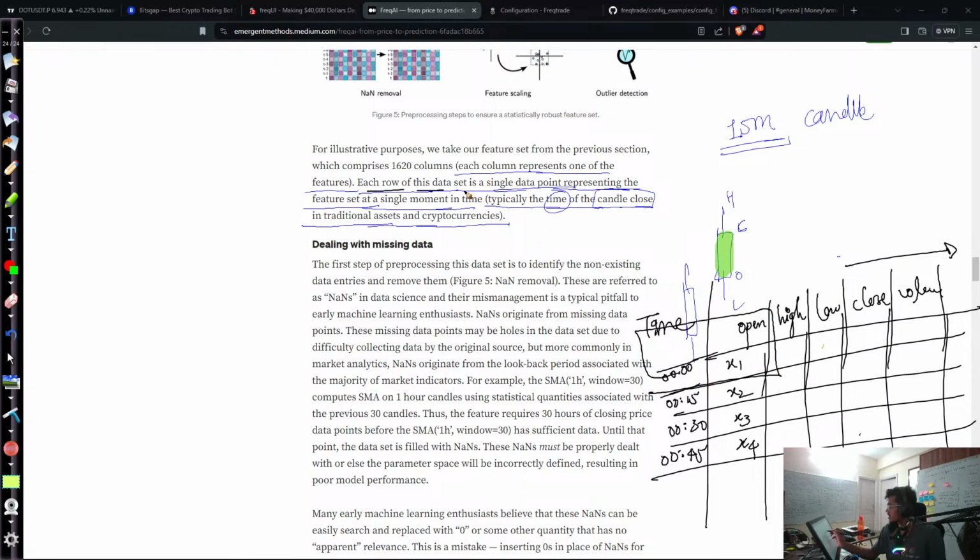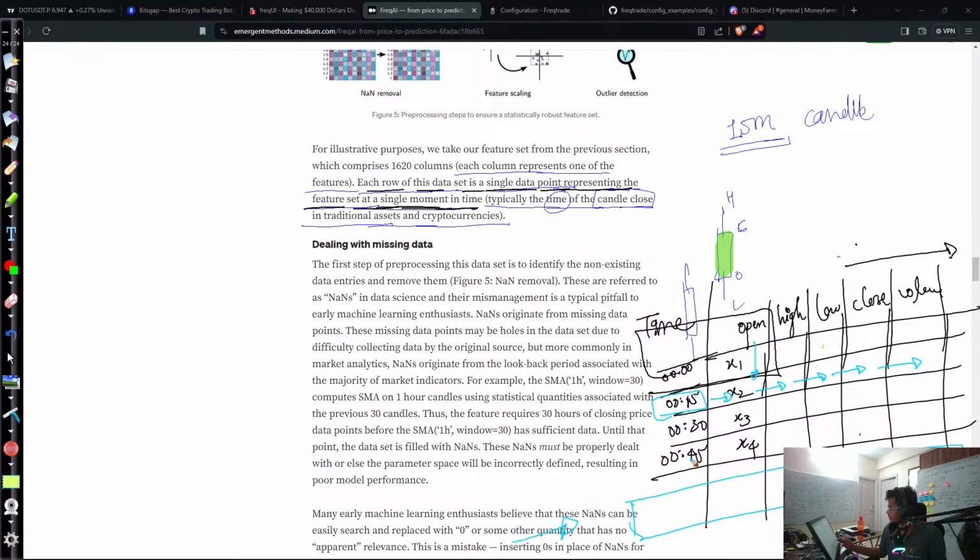Each row of this data set is a single data point representing the feature set at a single moment in time. So at a single moment in time, it's representing that feature. If I want to look at what was the open price for this particular time, this was the open price, this was the high, this was the low, this was the close, and this was the volume. The machine learning model actually looks at the row for that particular point.